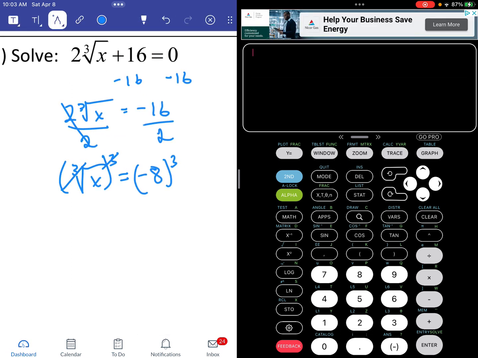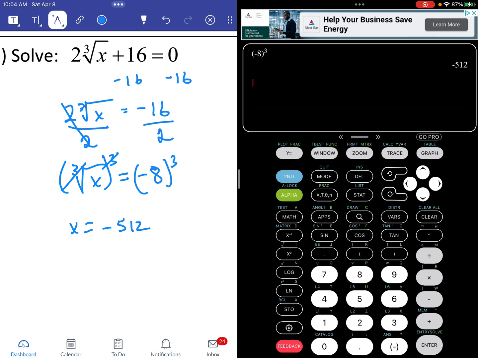The cube root and the cube will go away. I'd have x equals negative 8, I'm going to put in parentheses, negative 8 to the third power gives me, there we go, negative 512.